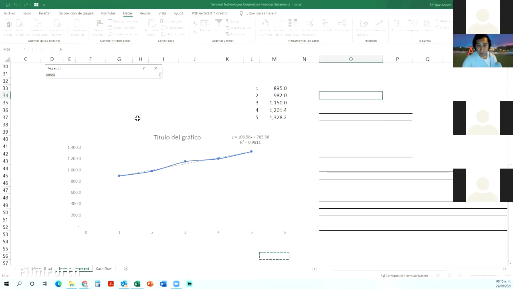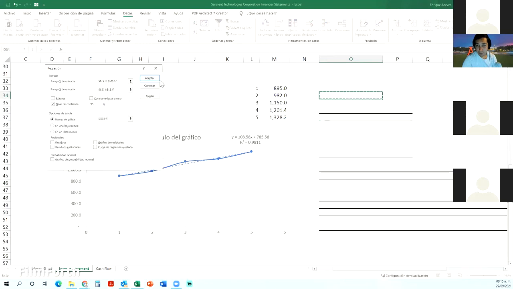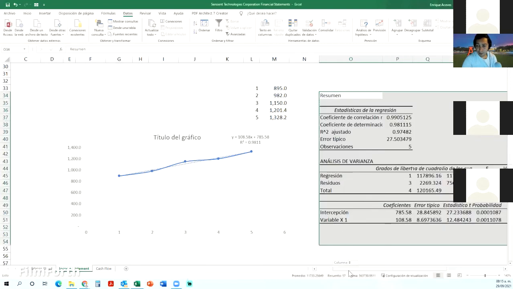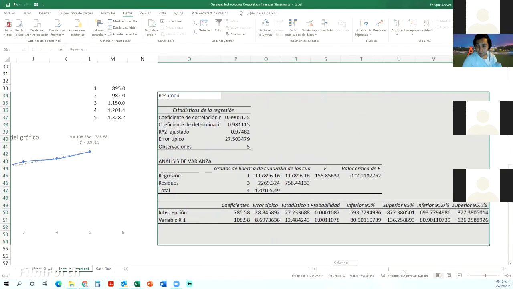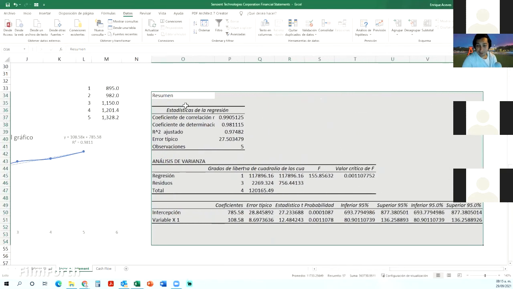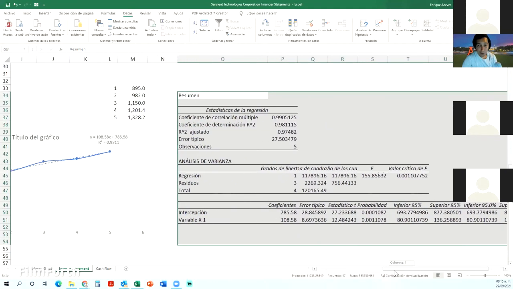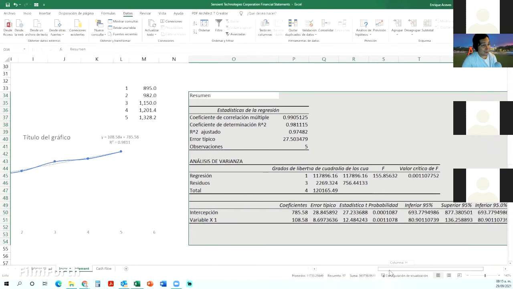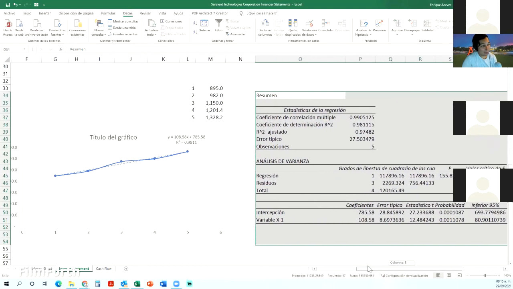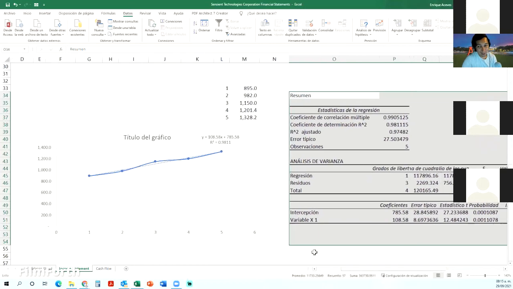And I want to put everything in this section, so you don't have to open a new sheet. So once you click on it, you get all this data as a result. But what I wanted to show you is that this is how it was done before. Now we have an easier way.